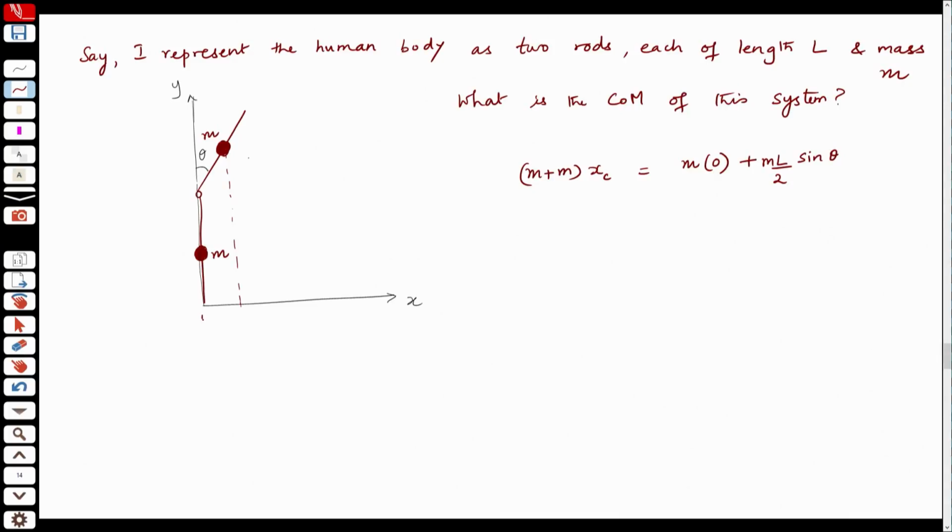So, xc is essentially equal to L by 4 sin theta.